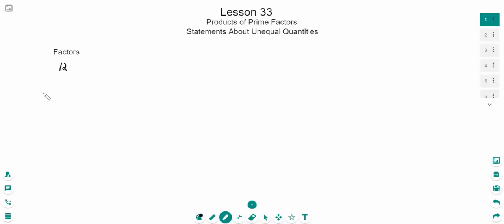Well, the answer is a factor is just simply any number that we can use to multiply by something else to give us the 12. So we need to think about the 12 as the answer to a multiplication problem. And we need to think of all those other numbers that we would have to use in that multiplication problem to get the answer of 12.